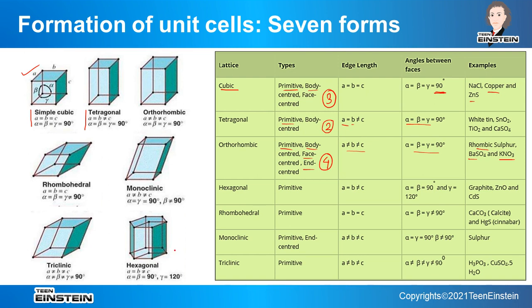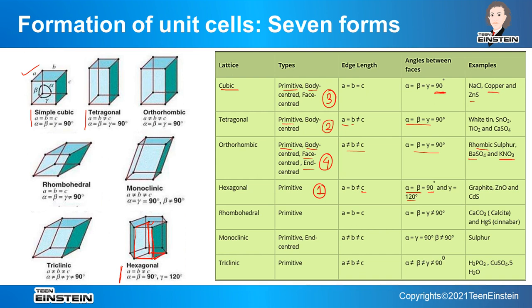Next is hexagonal. So hexagonal, here 2 edges are same, the third is not same, and only one type is possible here. The first 2 angles are 90 degree, but the third angle is 120 degree. So this is 120 degree. Okay, so you have to focus only on this particular region, not the whole structure.